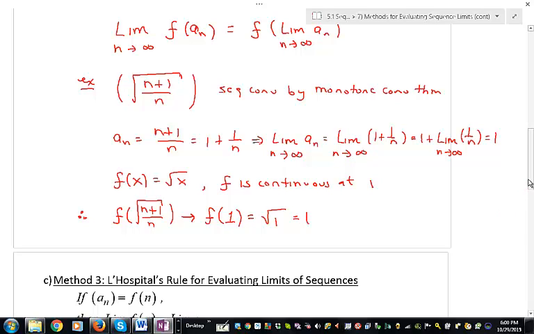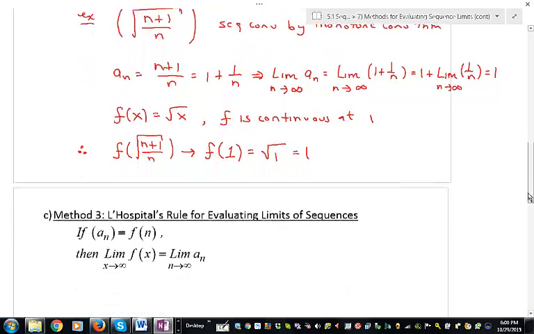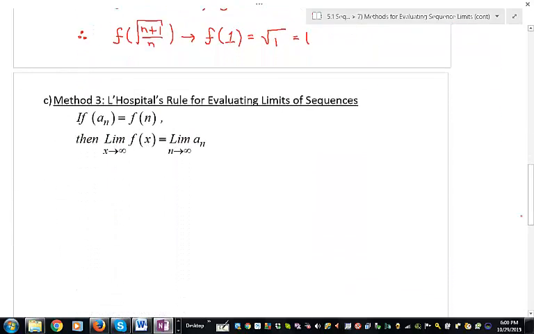So it's a very useful theorem. We have another result that occurs when we can't directly evaluate the limit.